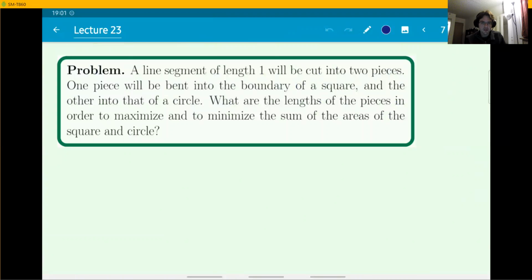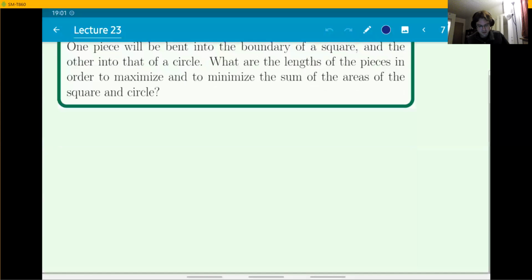This is a classic one. You always see this in calculus textbooks. A line segment of length 1 will be cut into 2 pieces. One piece will be bent into the boundary of a square and the other into the boundary of a circle. What are the lengths of the pieces in order to maximize and to minimize the sum of the areas of the square and circle?